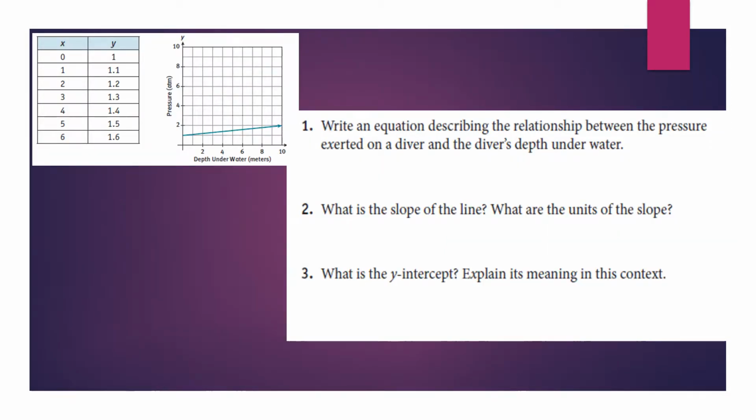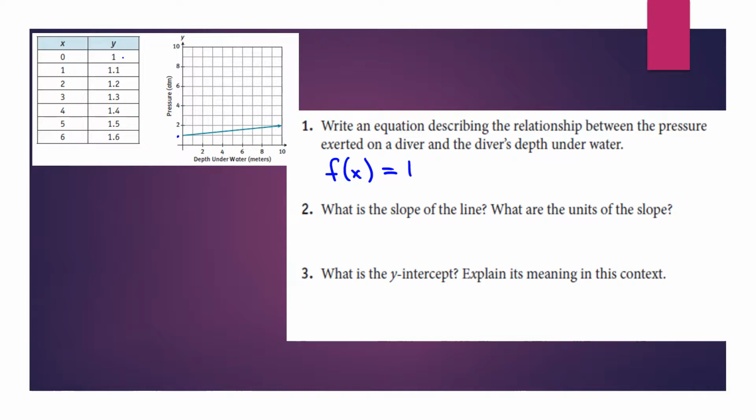All right, so as we get started with the questions here, question 1 says, write an equation describing the relationship between the pressure exerted on a diver and the diver's depth underwater. So using the table and the graph that they gave us there, f of x would be, it starts at 1, that's the lowest, right?